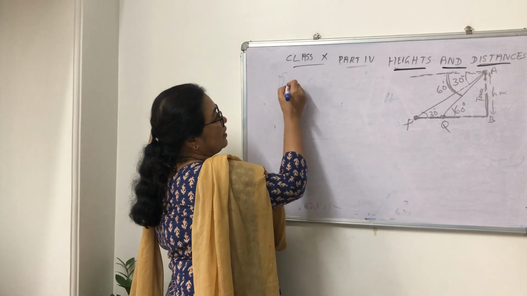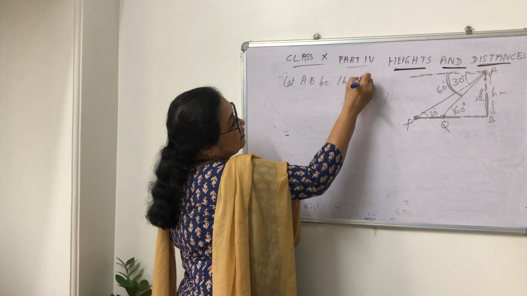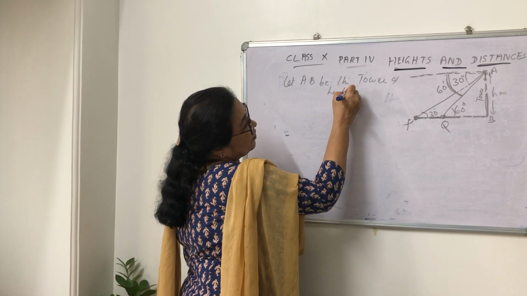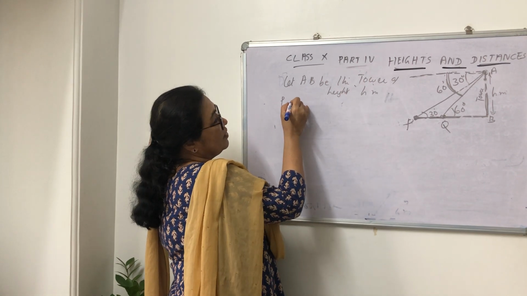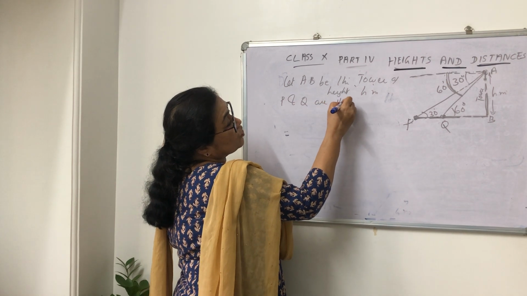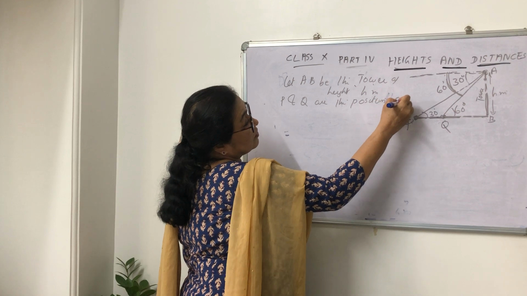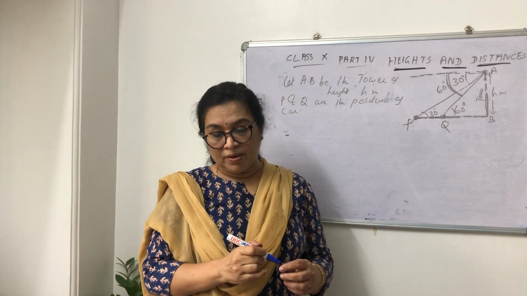So let AB be the tower of height h meter, and P and Q are the positions of the car.